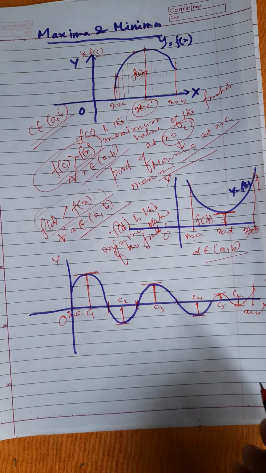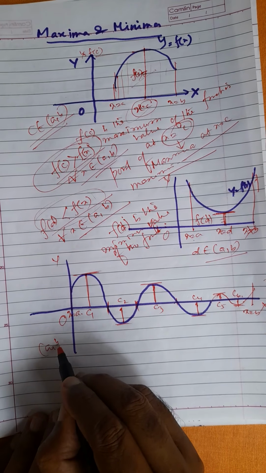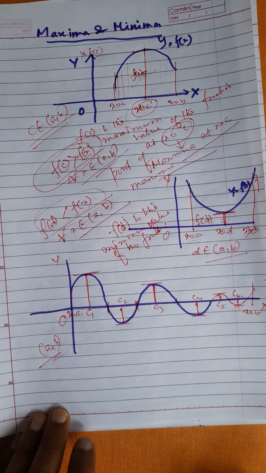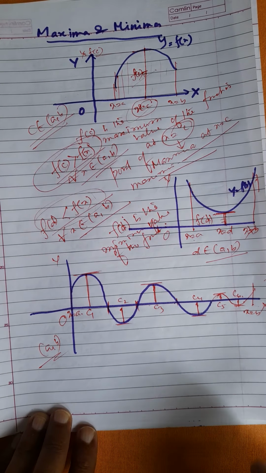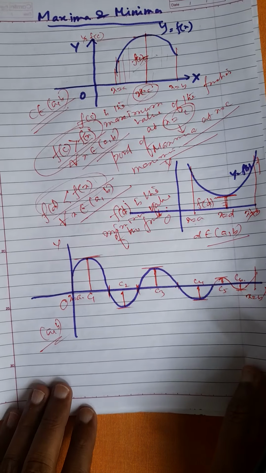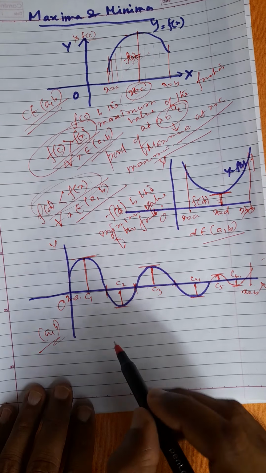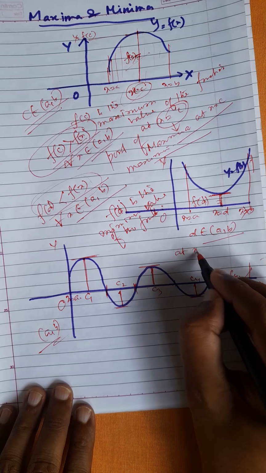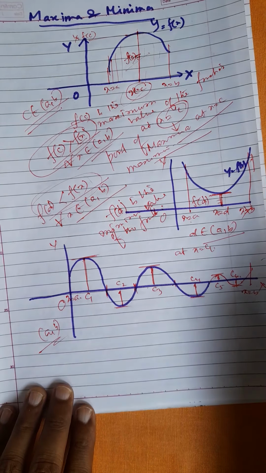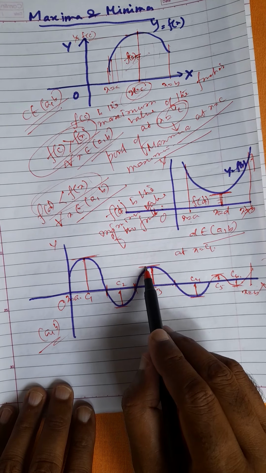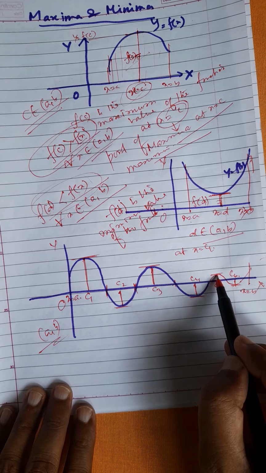These are the points in the interval (a, b). In the interval (a, b), these are the points you are getting. These points are called critical points. Okay, now see, at x is equal to c1, this is extreme. At x is equal to c3, this is also extreme. At x is equal to c5, this is also extreme.